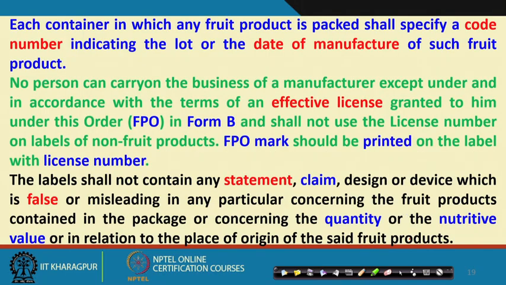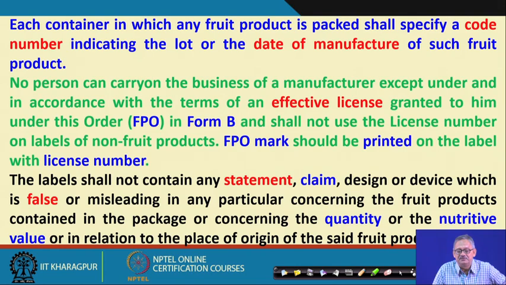Now, each container in which any fruit product is packed shall specify a code number indicating the lot or the date of manufacture of such fruit product. As we said, I showed you.